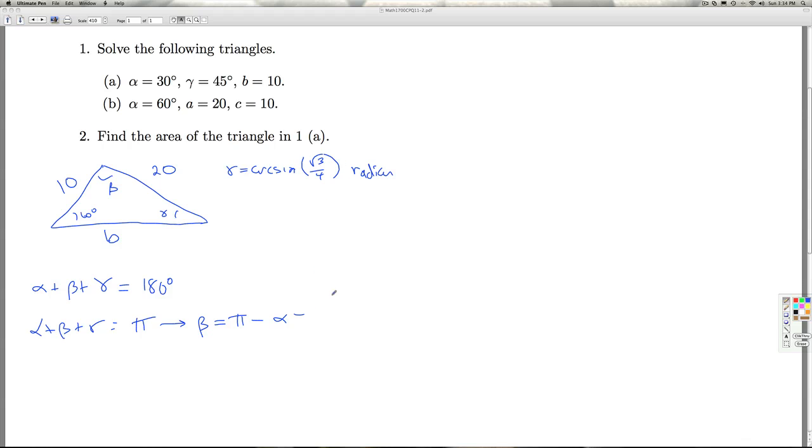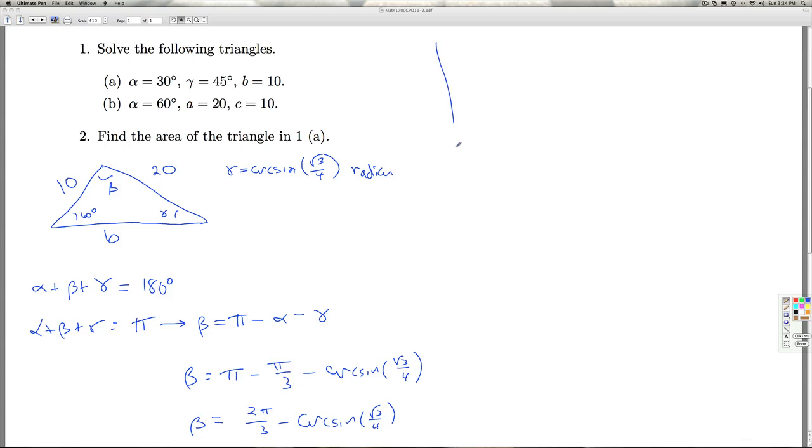This is not so easy to write in degrees. So beta is going to be pi minus alpha, which is pi over 3, minus gamma, arcsine radical 3 over 4. And so this is 2 pi over 3 minus arcsine radical 3 over 4.